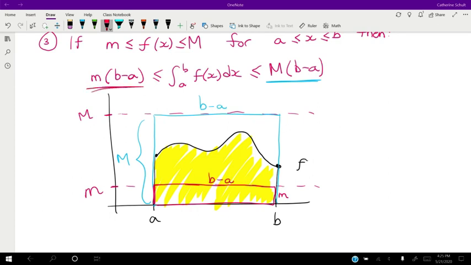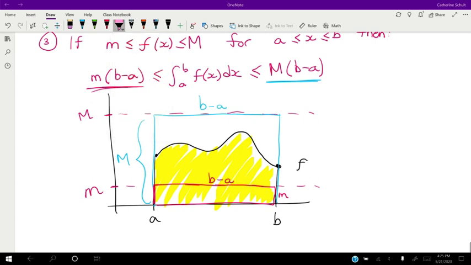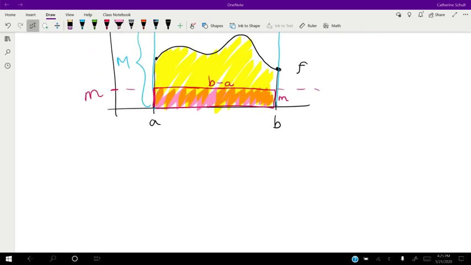And that's your lower limit right there. And again, we can see that the area of that rectangle is less than the area of the region. And again, it's all because that's how we define those first two functions. Okay. So let's see what we're going to do with that.